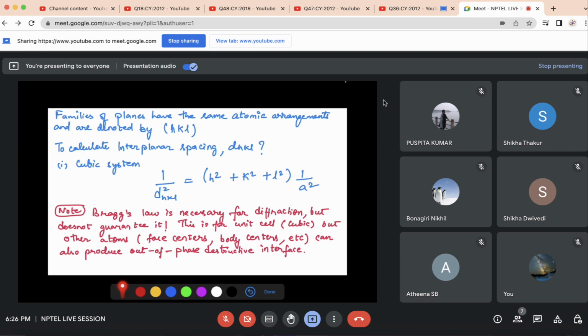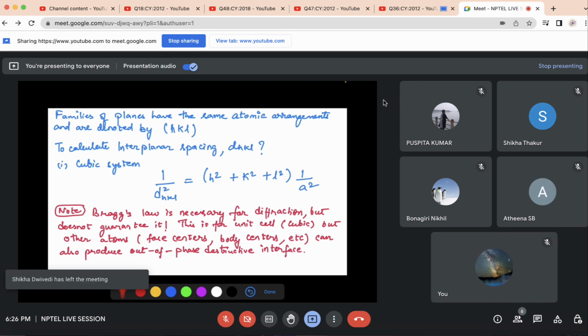So in such cases, no, it is not a guarantee, even if it follows Bragg's law, that we will get constructive interference. That is not a guarantee in the case of FCC or BCC unit cells.